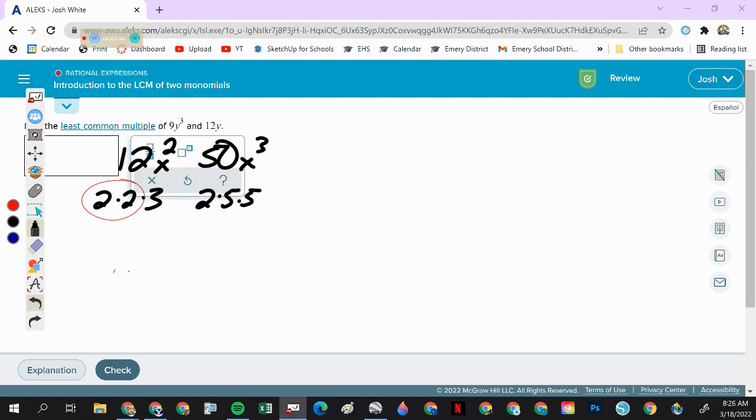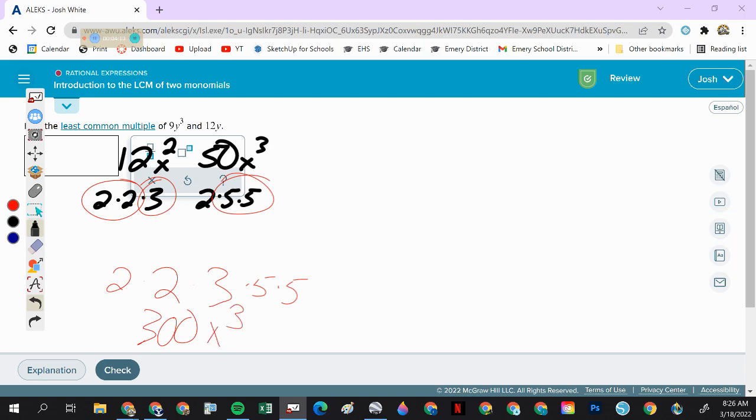So a pair of 2's. How many 3's? 1, 3. The biggest set is this one. And then what about 5's? The biggest set would be 5 times 5. Oh, so what is that going to be? So that's 12 times 25, which would be 300. So 300. And then what is the biggest set of x's?